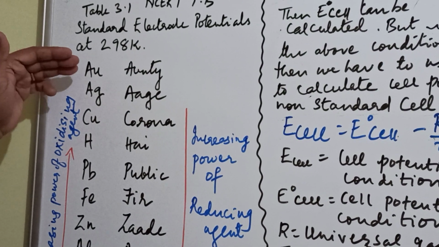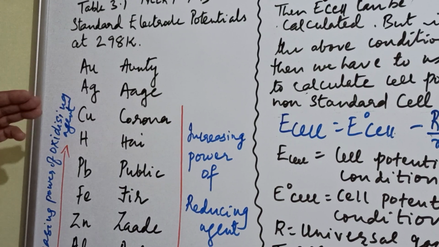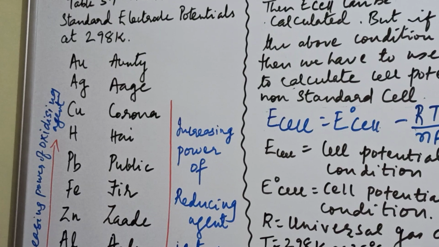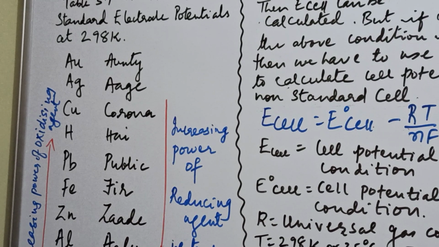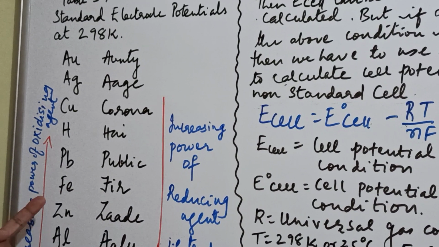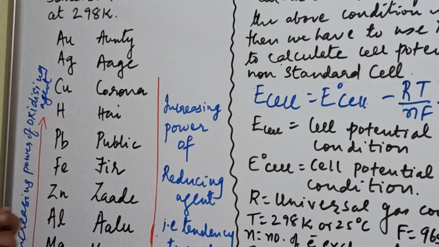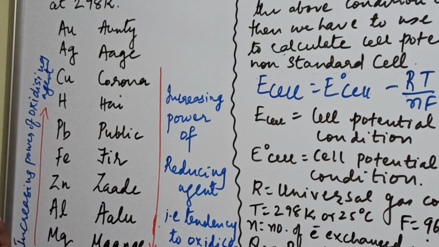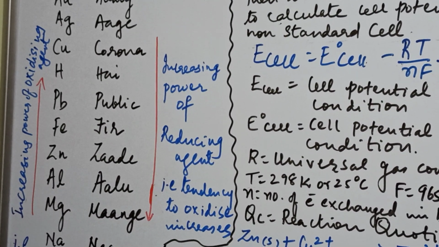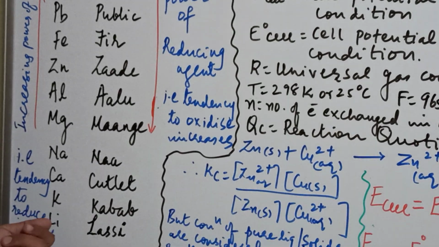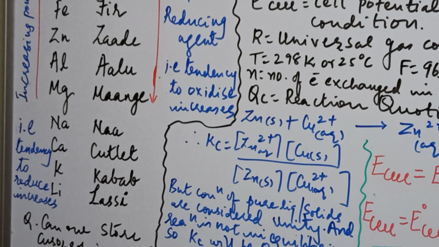Then you have gold, silver Ag, copper Cu, hydrogen H, which is arbitrarily given as 0 volt, lead Pb, iron Fe, zinc Zn, aluminium Al, magnesium Mg, sodium Na, calcium Ca, potassium K, lithium Li.